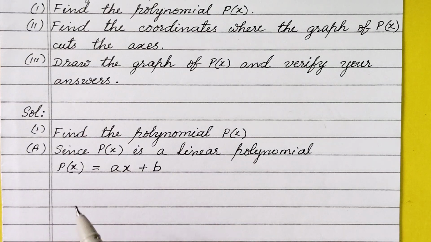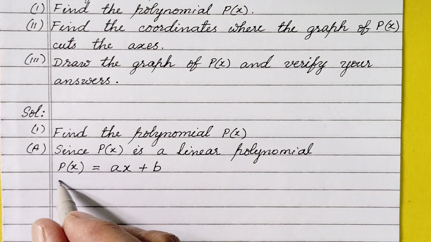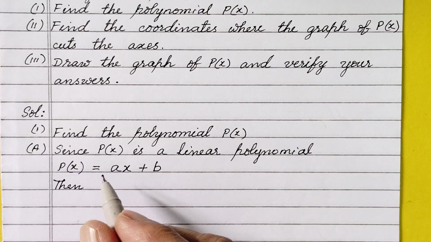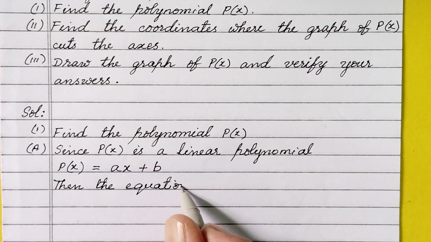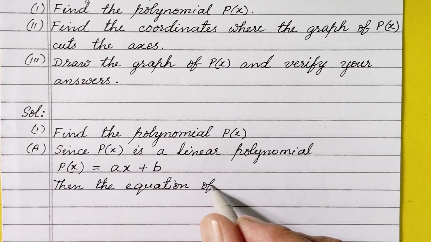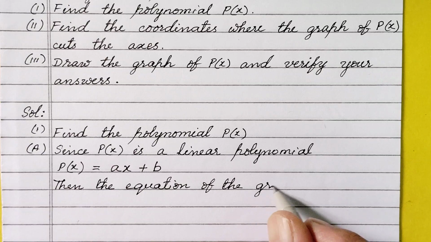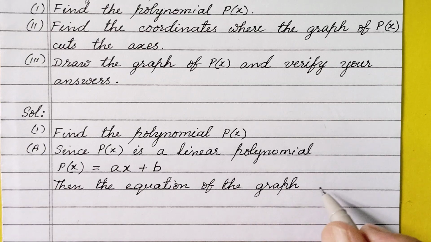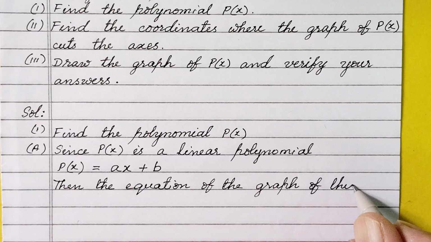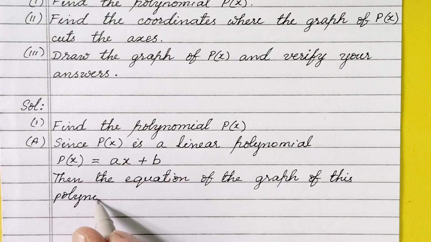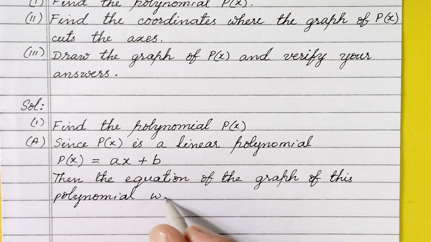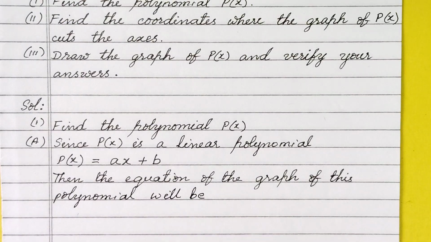When this is the polynomial, then the equation of the graph of this polynomial will be y is equal to ax plus b.